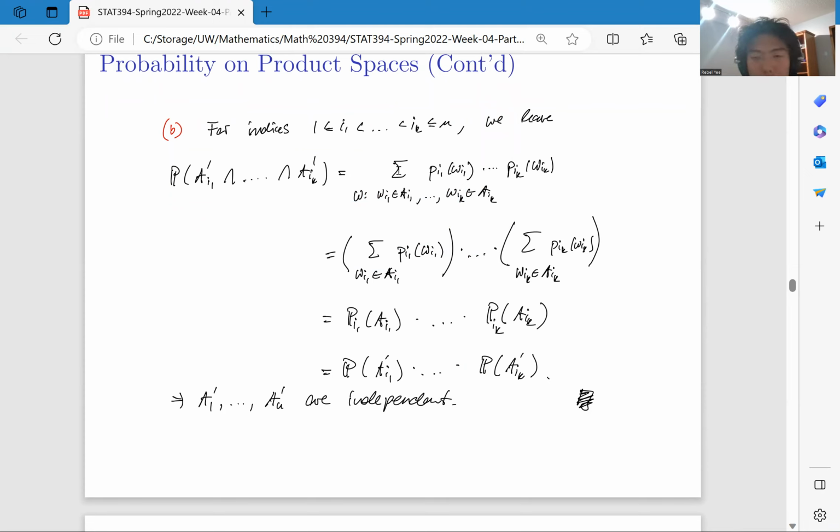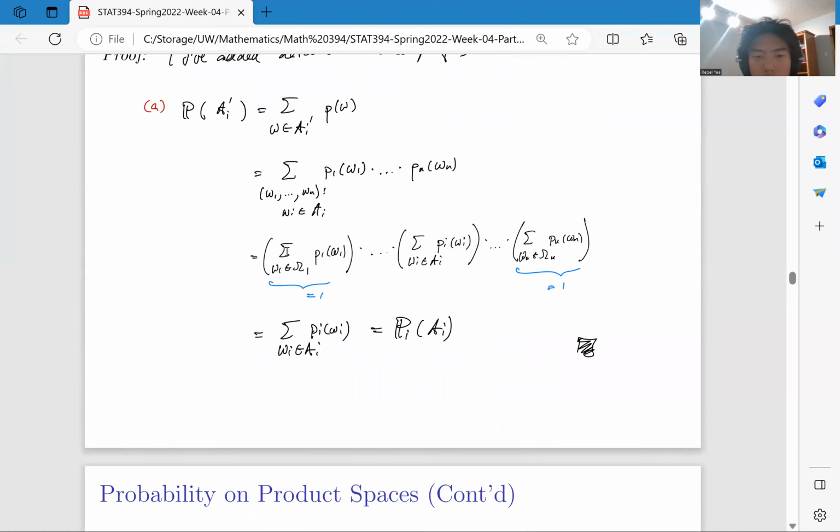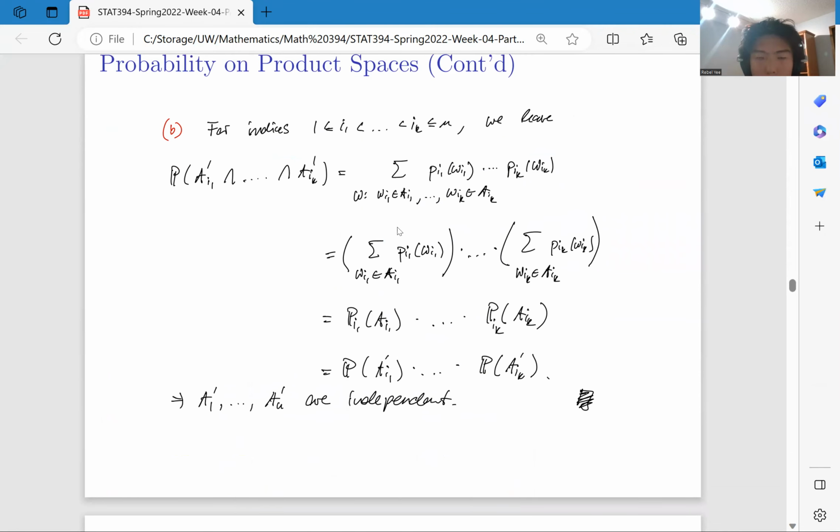So we can make one step more clear by separating the summation for each of these cases. As we illustrated above, here we separate the summation, w1, wi belongs to Ai, and separate all of those terms out. So why is this the case?